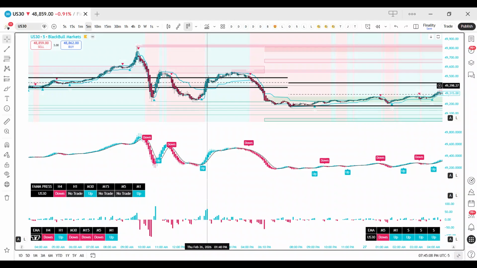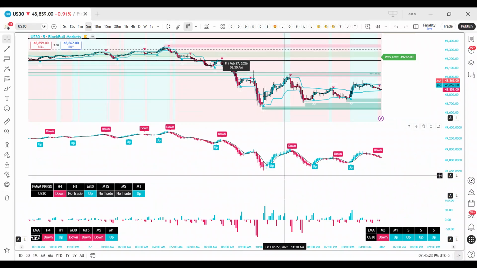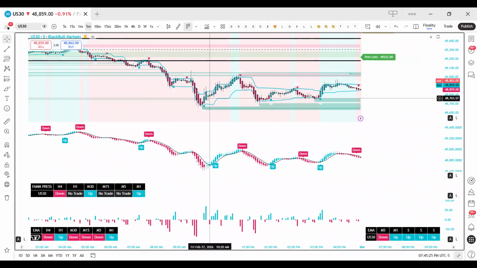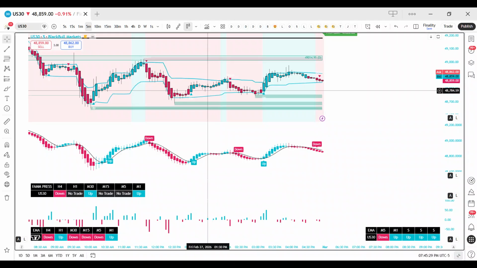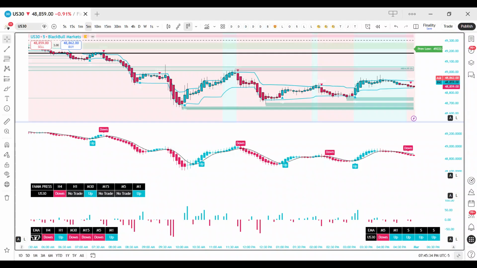Okay, so the main time to do US 30 is between 8:30 a.m. and about 11 o'clock Eastern Standard Time. There's always a couple of messages, a couple of signals that pop off.